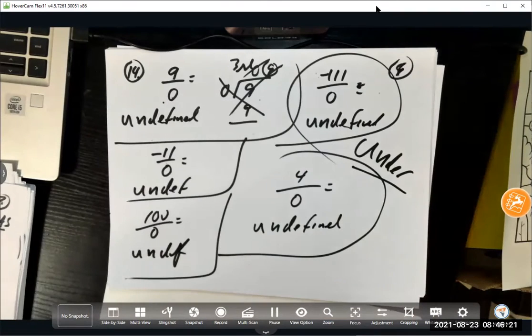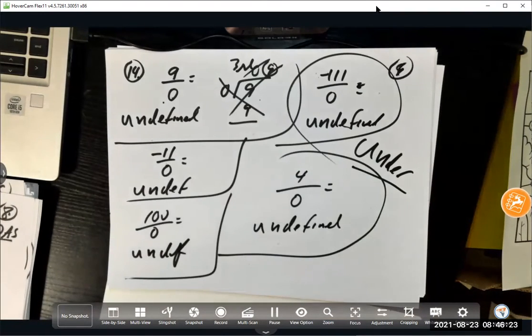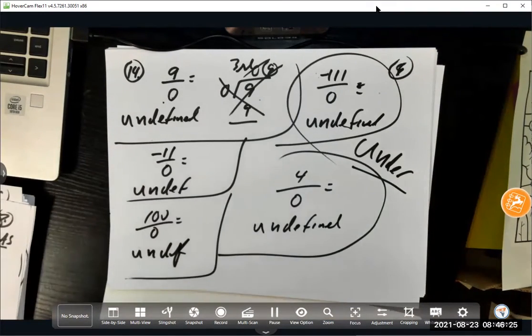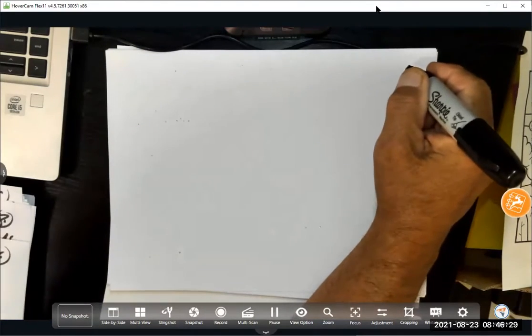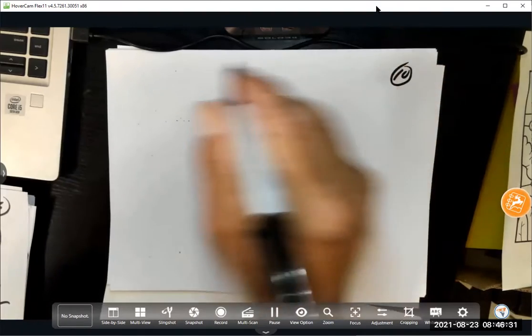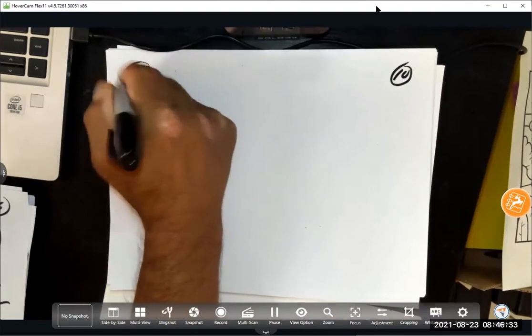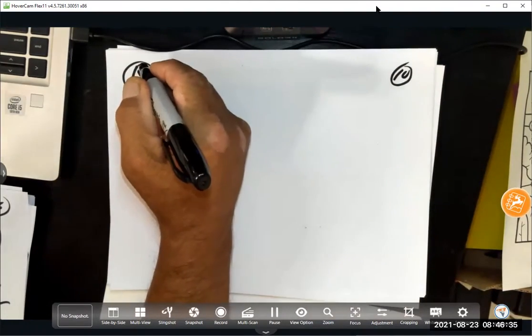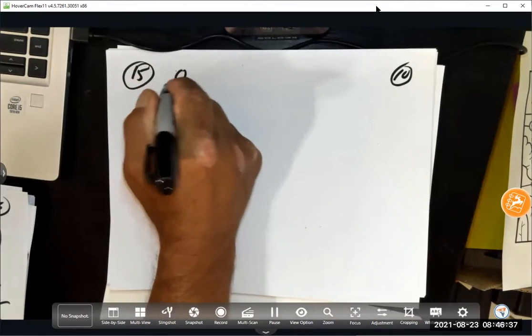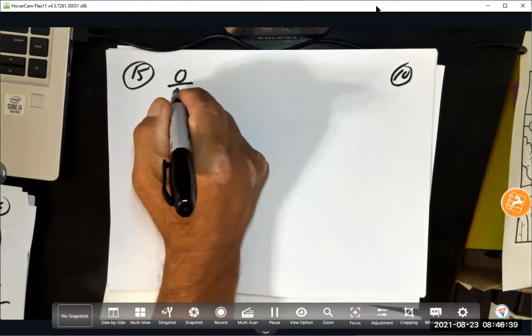Okay, now let me do the next one, which is kind of like this one, but it's flipped. Ready? Number 15. It says, what if it's 0 on top divided by, let's say, 4?